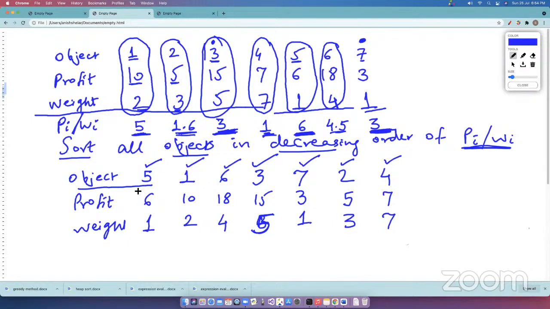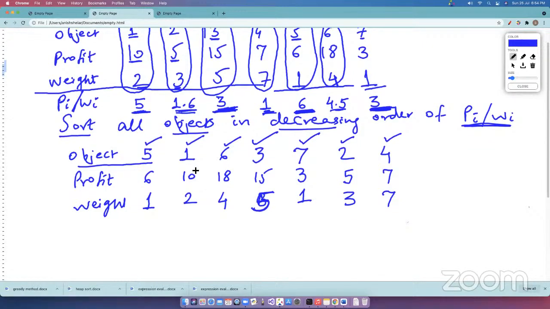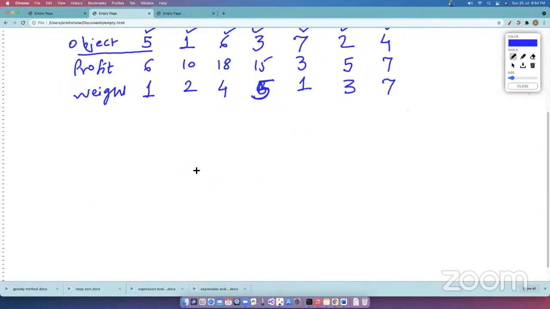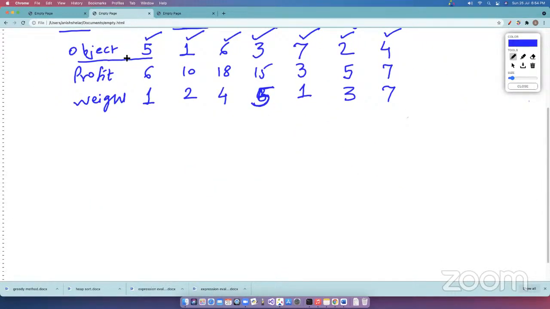Initially, when you are a beginner to this problem, you can patiently draw a table like this: object that you are adding in the knapsack, capacity remaining in the knapsack, and profit earned.